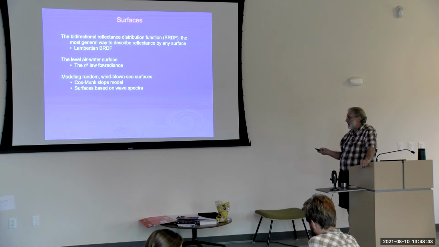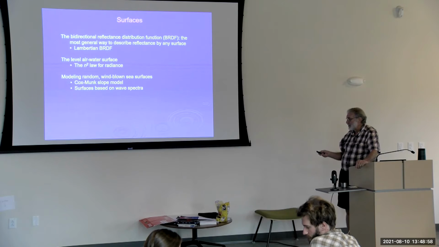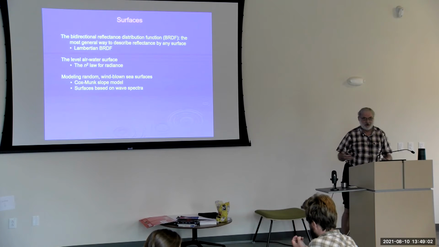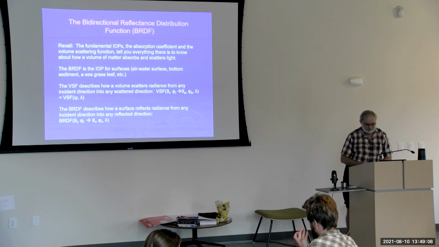We'll talk a little bit about the air-water surface, this thing called the n-squared law for radiance. We'll talk about how to model random windblown surfaces. There's this thing called the Cox-Monk model. There are fancier ways to do it. So just kind of walk through that. So at least you've seen the words and you can forget it all, but then 5 years from now, you can come back and look again.